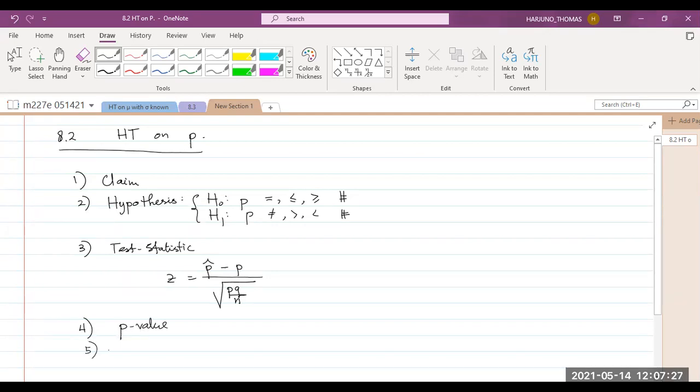Step 5, informal conclusion, just like before. Step 6, conclusion, just like before. So you see the change is with the hypothesis, a very minor change, and the test statistic.